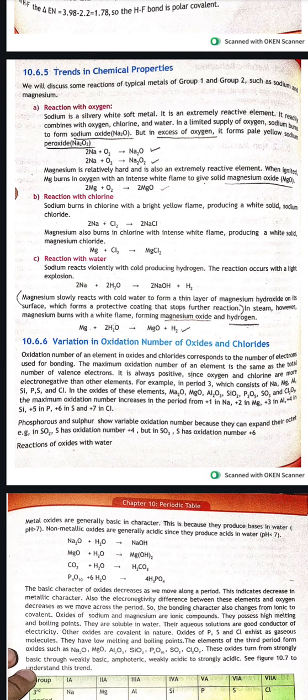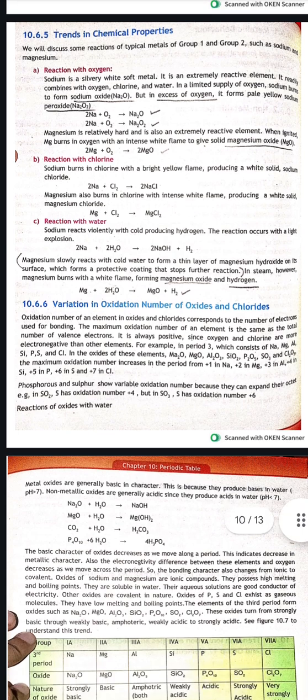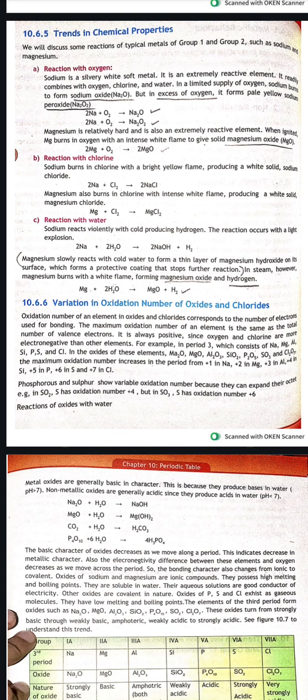Now we have the trends in chemical properties. First is the reaction with oxygen. Group 1 and group 2 metals react with oxygen to give metal oxides and metal peroxides. Sodium is a silvery white soft metal. It is extremely reactive and it combines with oxygen, chlorine, and water.